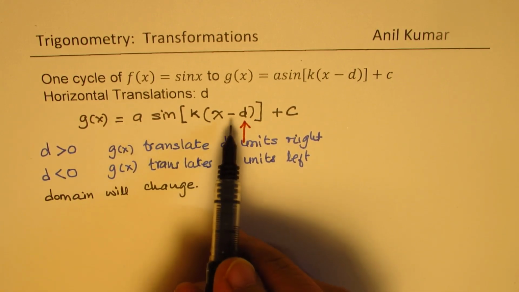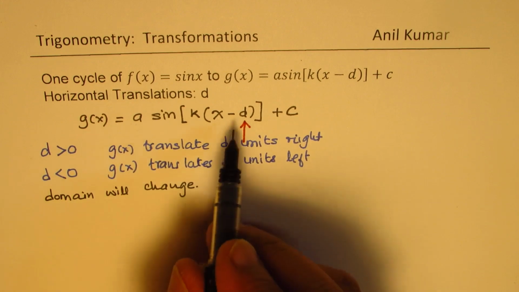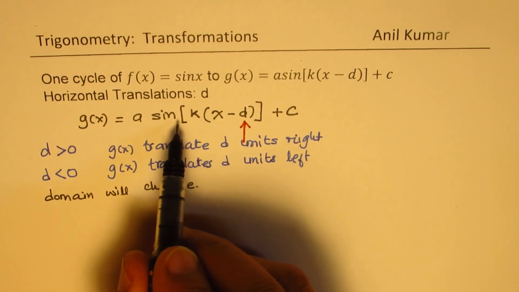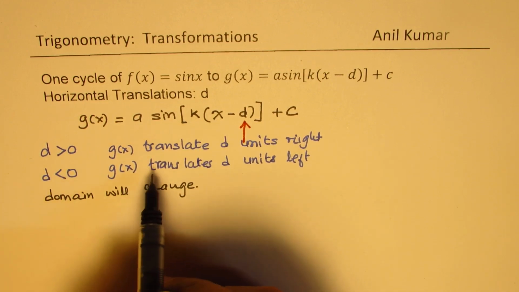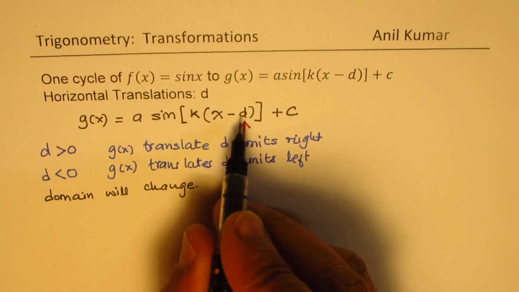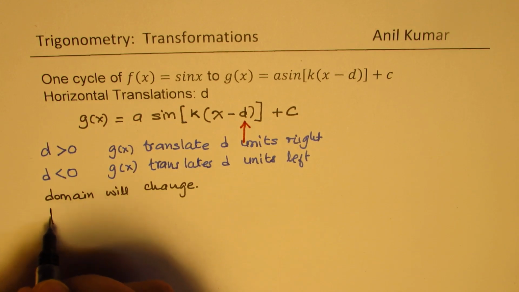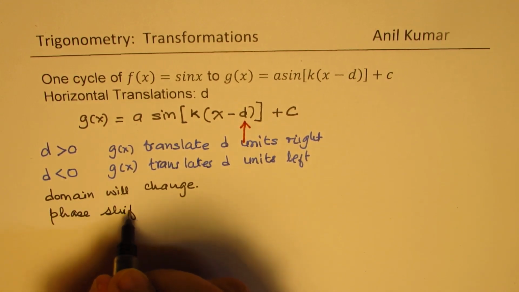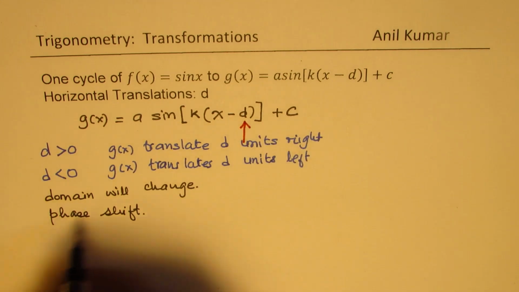Correct? And because of this translation, at x equals 0 we will not have sine x as 0. There will be a phase shift. However, the shape and size will not change.